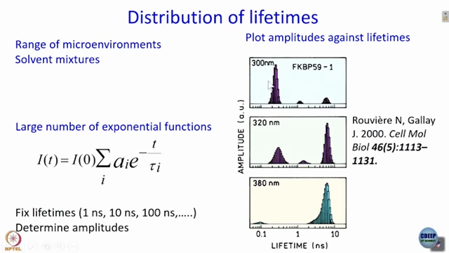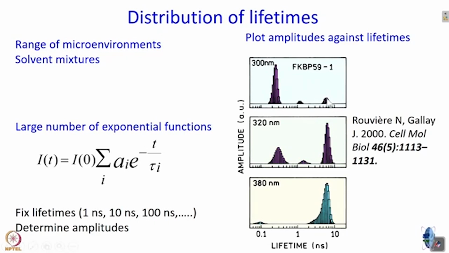Now, when you go to 300 nanometer, what do you see? You see that this 0.3 nanosecond component that had come is now the major component. It has some distribution, but it is not so much. Of course, you can see that here the full width half maximum is several nanosecond, and here the full width half maximum is hundreds of picosecond. Of course, you have to work out the percentage. So, now this 200, 300 picosecond component is the major one.